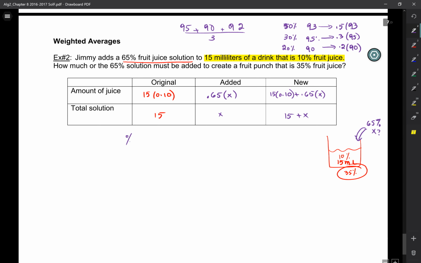Now we're going to solve it. So percent juice: how do you know what percent of juice there is? Well, that's the amount of juice divided by the total solution, right? If I have 100 milliliters of a solution, 10 milliliters of it is juice, that's 10% concentrated.